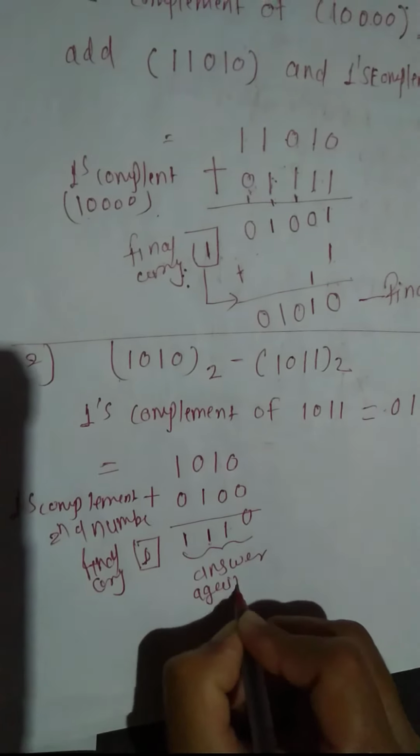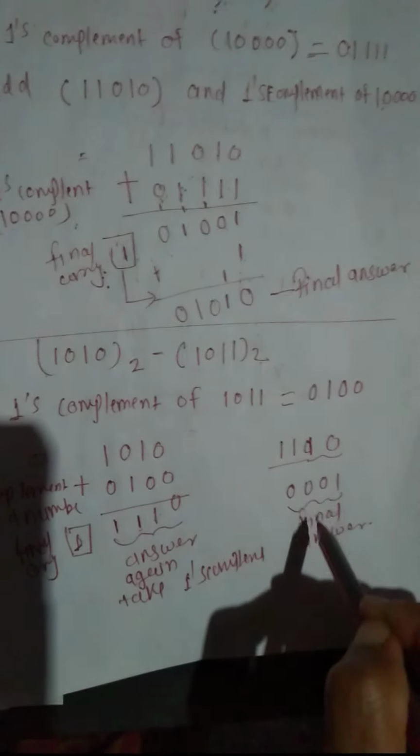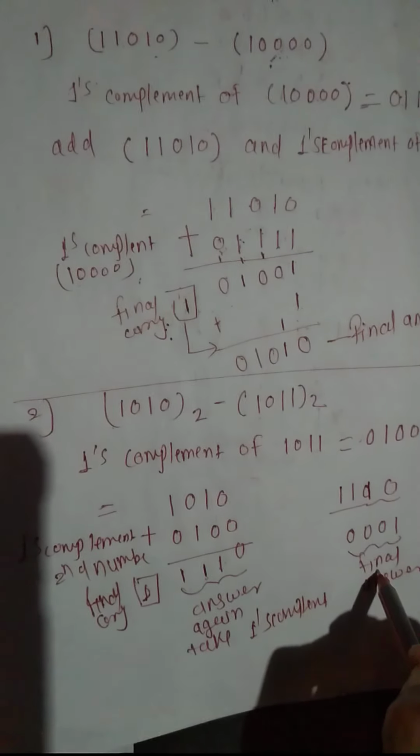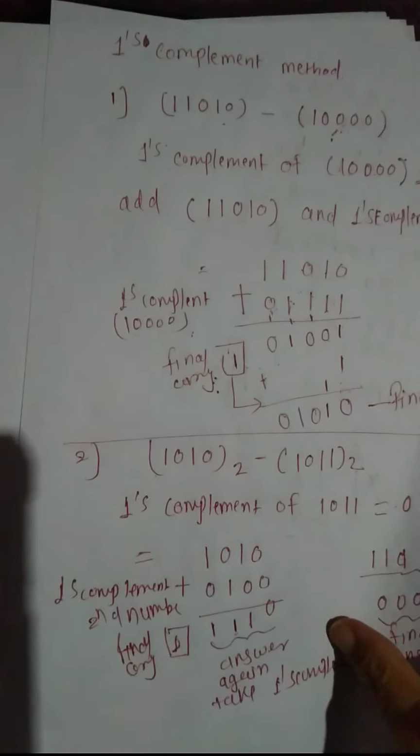This is the one problem, where the carry is 1. If the carry is 0, then for that answer take the 1's complement again, and that is the final answer for that example. This is the binary subtraction using the 1's complement method.